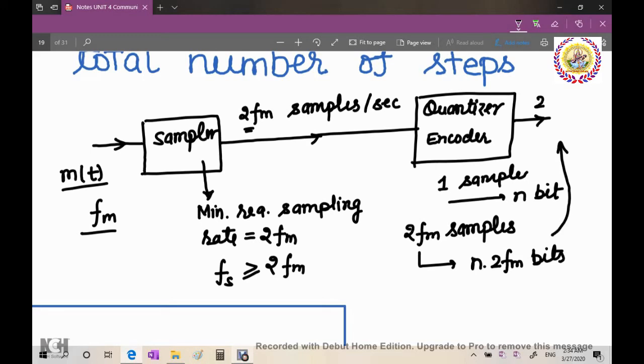Now the output bit rate will be 2nfm bits per second, which is the output of the quantizer plus encoder block. Please note, this is the minimum required bit rate at the output of the encoder.